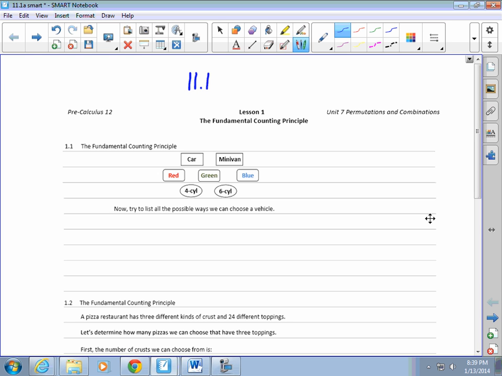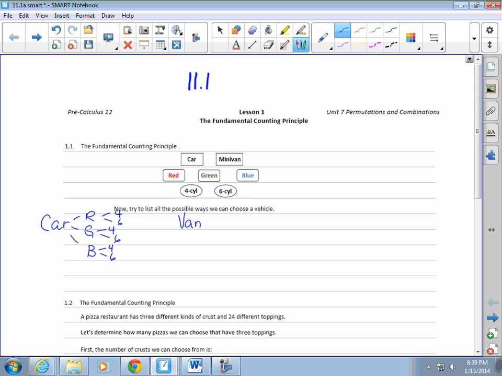So if we take a look at this, if I decide I'm going to go with a car, it could be red, could be a 4-cylinder or a 6-cylinder. If I went with a green car, I could choose a 4-cylinder or a 6-cylinder. If I chose the blue car, I could choose a 4 or a 6-cylinder. Or I could go with a minivan.